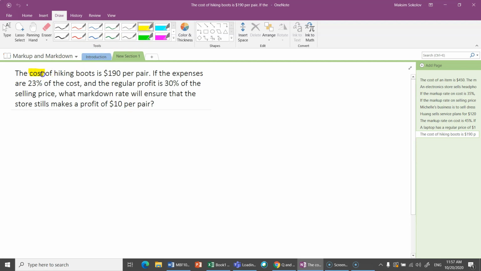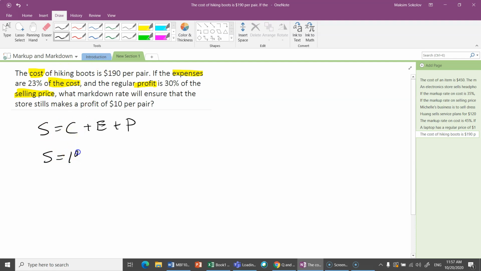Okay, so let's analyze this problem. Again, we're given here that we have the cost, we're given expenses, which are on cost, and we're given profit, which is of the selling price. Again, we have that formula which connects selling price, cost, expense, and profit. We don't know the selling price, so we keep it as S. What about the cost?